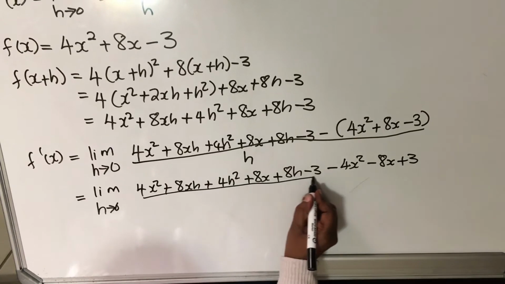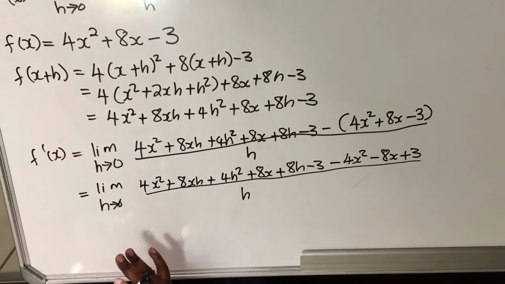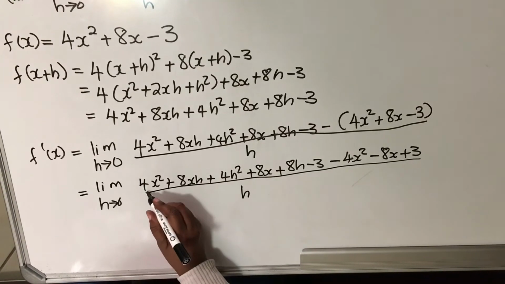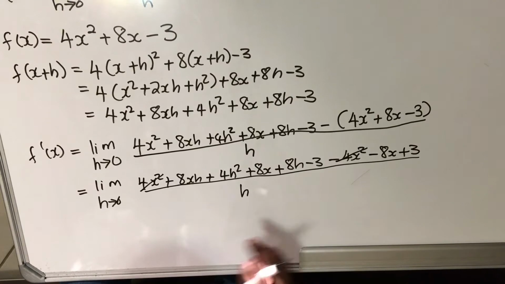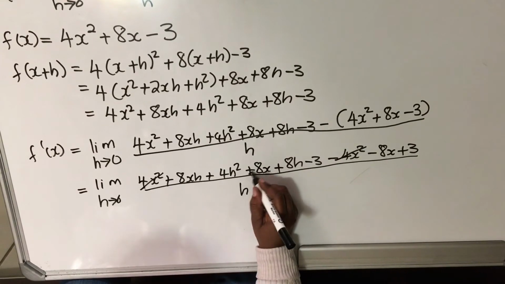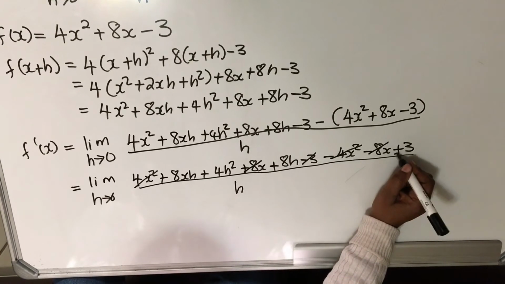I must write the divide properly now. Divide by h. Then now you find like terms. This one will cancel that one. When you don't cancel, something is wrong. That one will cancel that one, and that one will cancel that one.